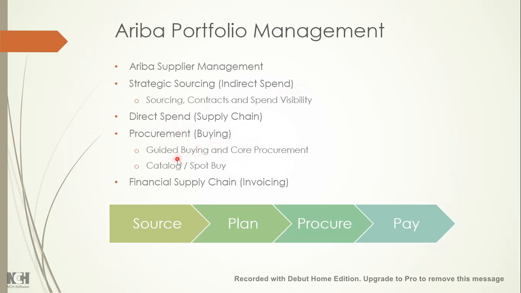Like here you see guided buying, catalog. In Ariba, vendors will be allowed to create their catalog, and as a buyer, you will be able to select items using the catalog, and then you place your orders. Then it also helps you to do the invoicing. So financial supply chain we call it. This is another sub module within Ariba you can learn.